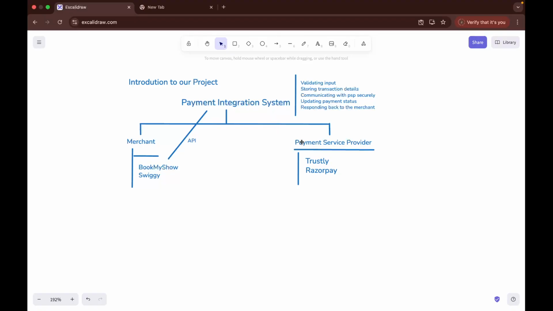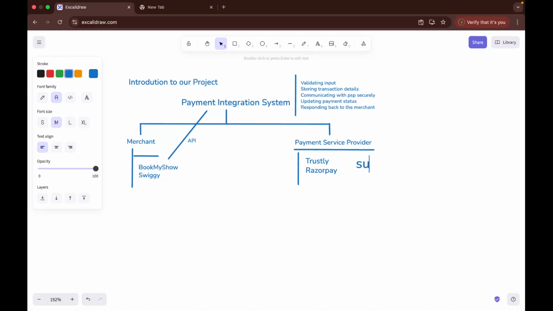Trustly processes the payment and sends a response, success or failure.